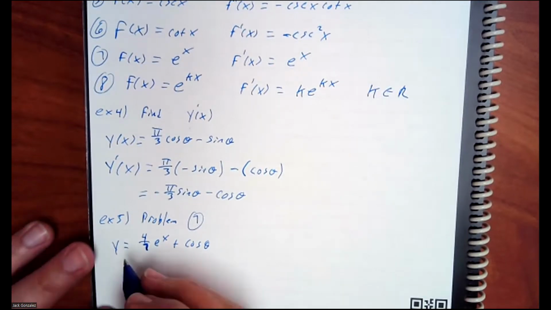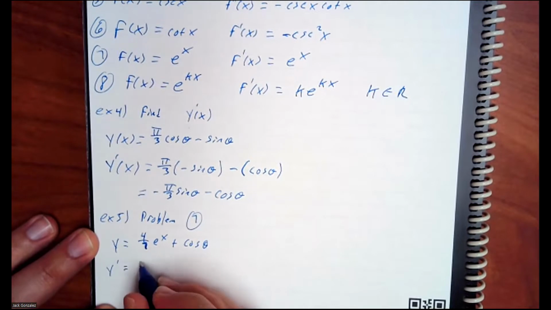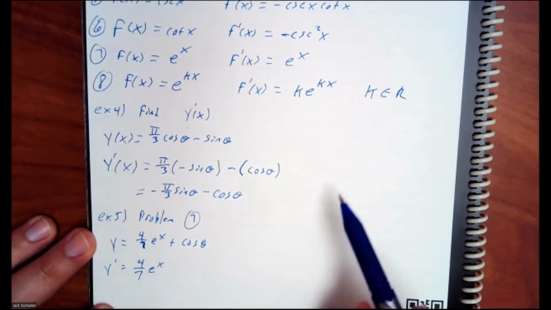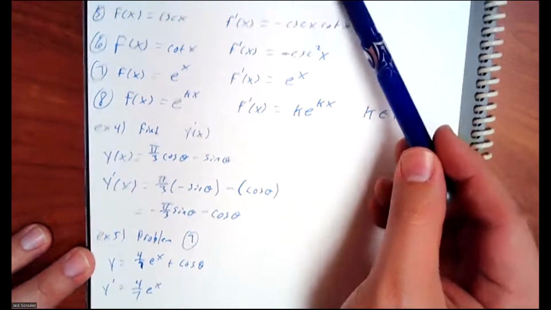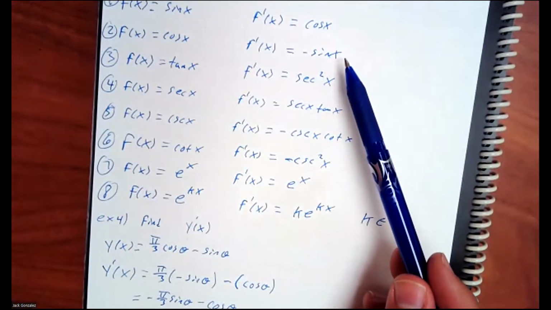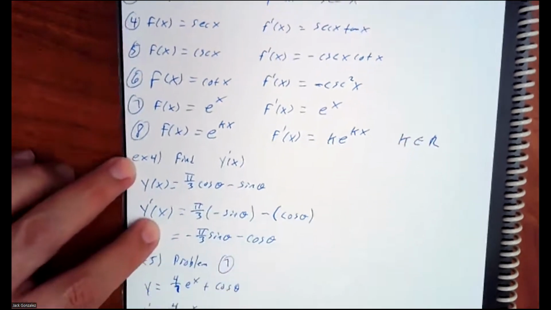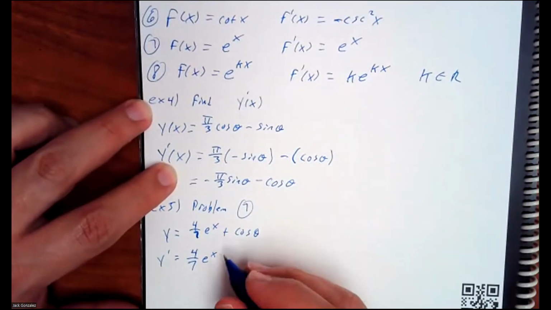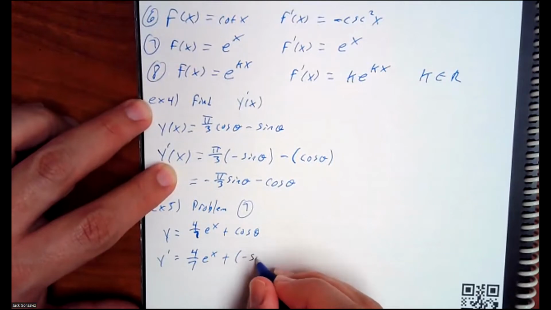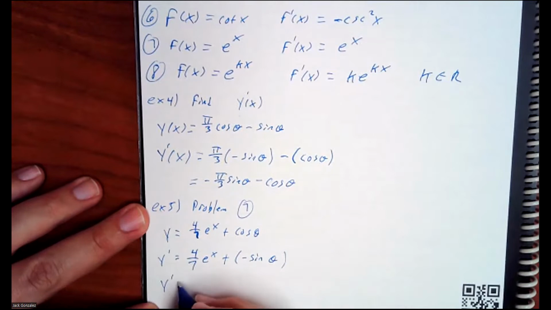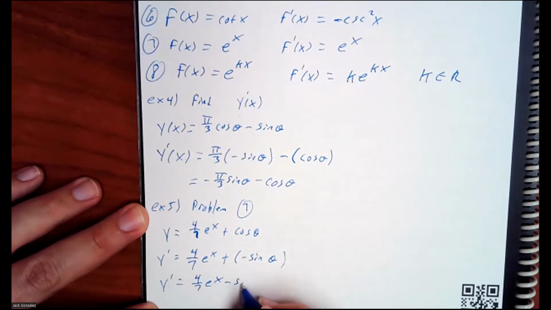So it just stays like that. 4/7 e to the x. The derivative of cosine is negative sine. So this becomes, so our answer is this guy. Any questions on 4 or 5?